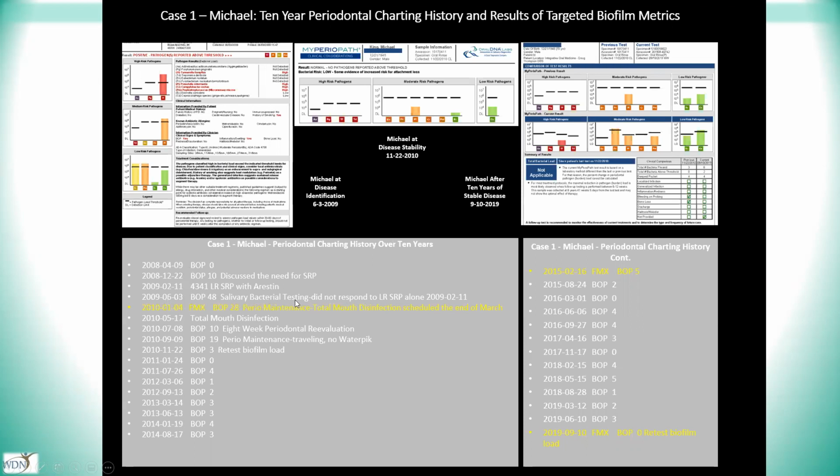And what happened was he didn't respond to localized scaling and root planing, so we put him through total mouth disinfection. It took him about 8 months to get stable, which, the average in my practice is about 4.5 months. And at disease stability he had a very nice microbial fingerprint that was altered from the original disease presentation, as you can see on the left.